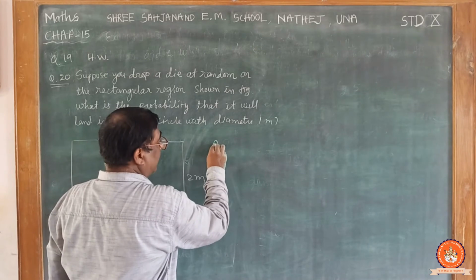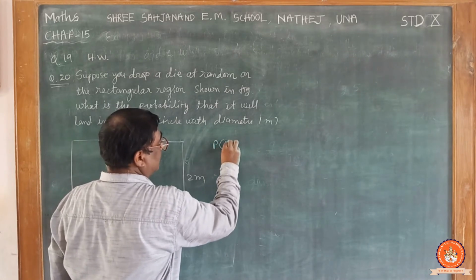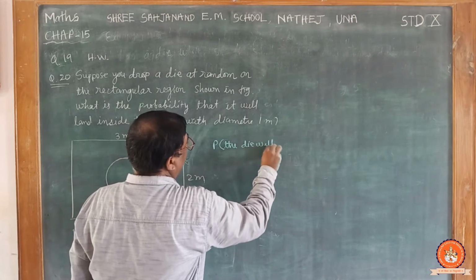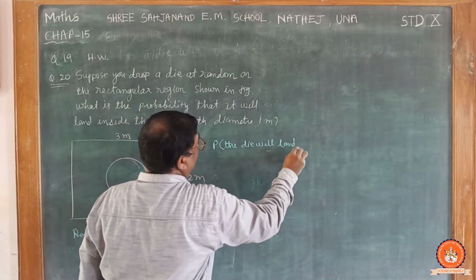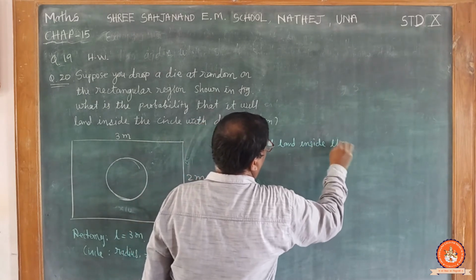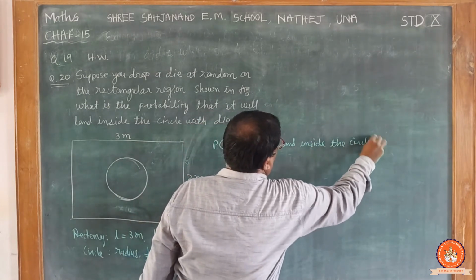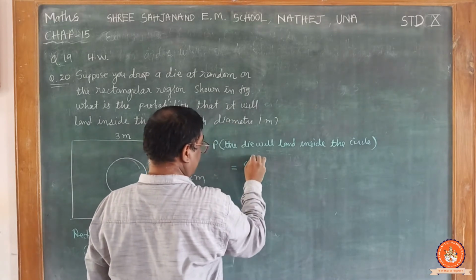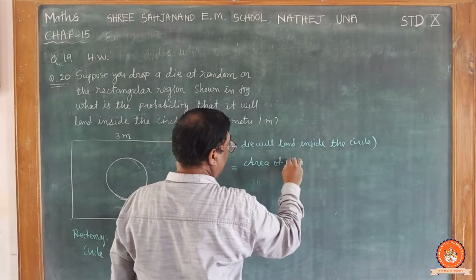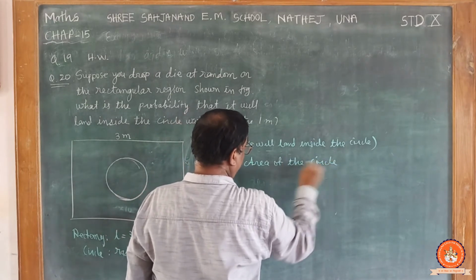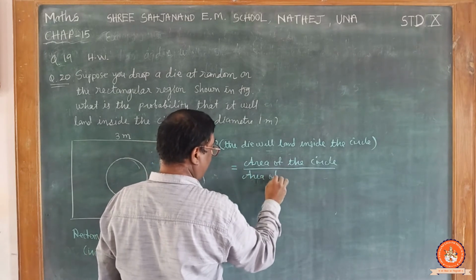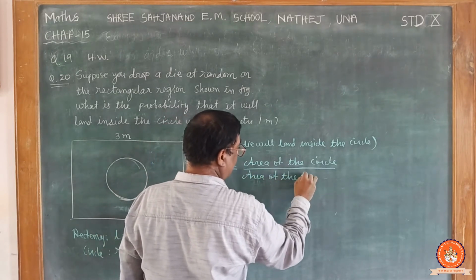So the probability that the die will land inside the circle is equal to area of the circle divided by area of the rectangle.